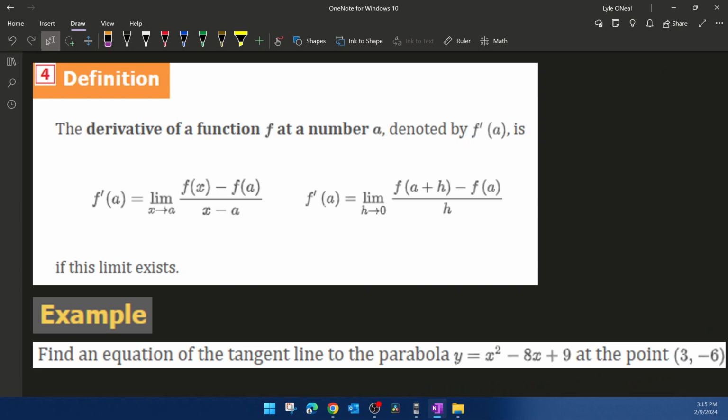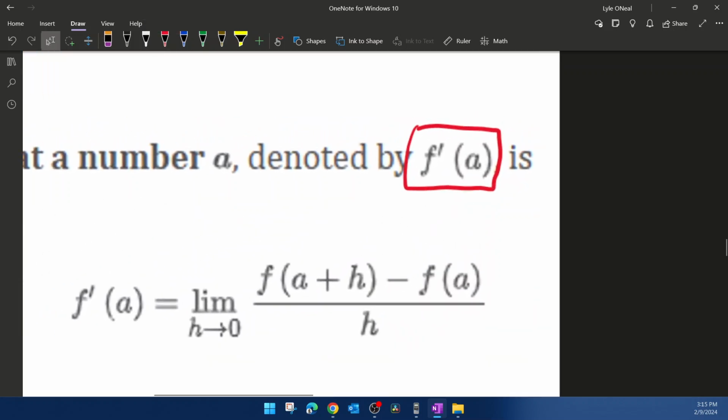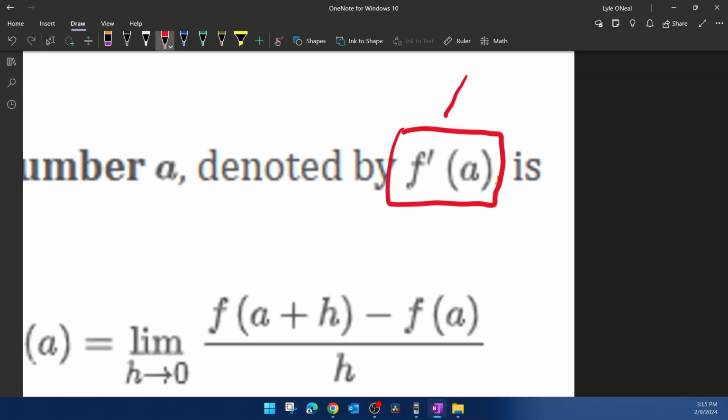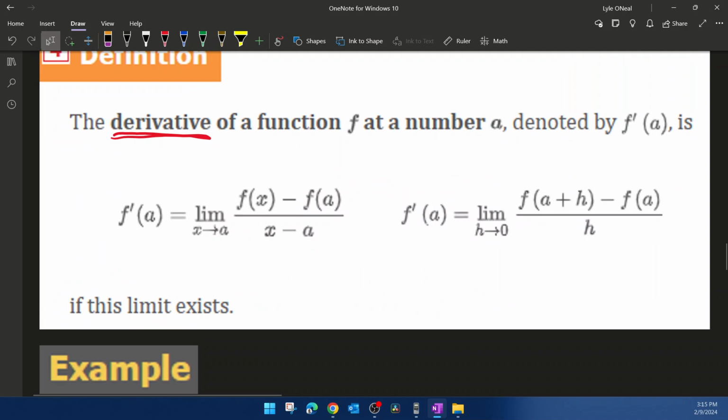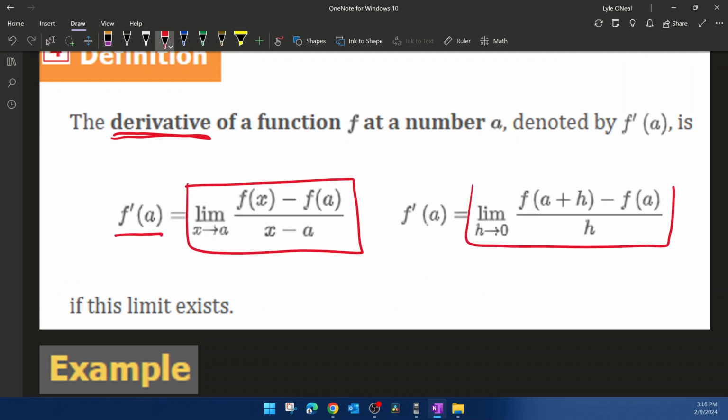Next, big concept coming up right here in Calculus 1. We finally get to the derivative. It says the derivative of a function f at a number a. This is the notation. Let me zoom in on that real quick. This is read f prime of a. F prime of a, the first derivative of the function at a, can be calculated by the same formula that we use to find the slope of the tangent.